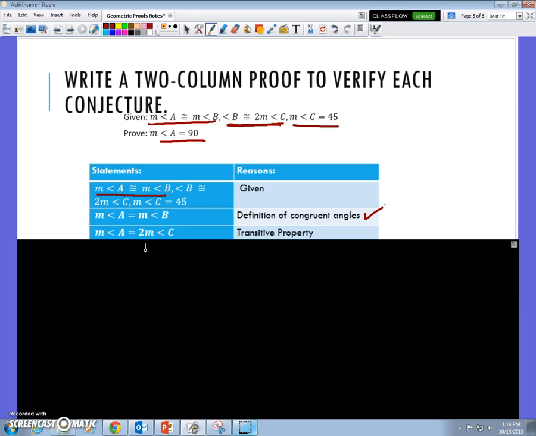Now, I started with this one, 1, 2, 3 equal signs. And so what I'm looking at is I'm comparing measure angle A to twice measure angle C. So I'm going to use the transitive property.